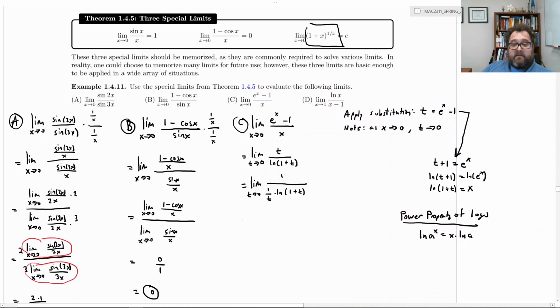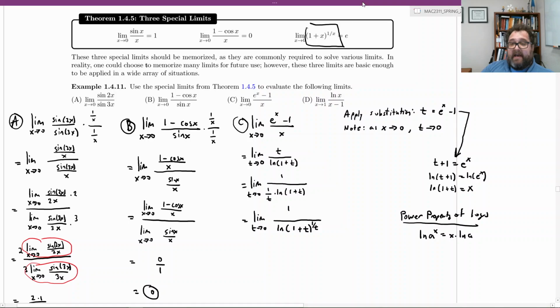So I can rewrite this as limit as t goes to 0 of 1 over natural log of (1 plus t) to the 1 over t power, by moving the scalar of 1 over t out front to the exponent on the inside argument of that logarithm.